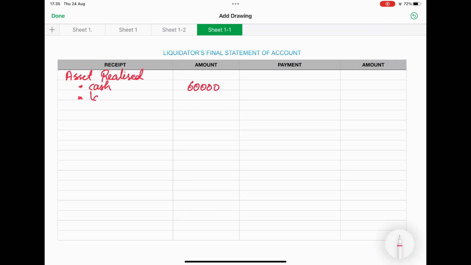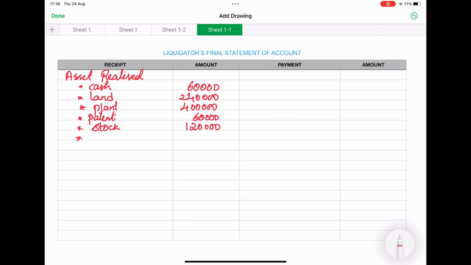Next, land 2,40,000. Make sure you all have the question, then only you will get to know. Plant and machinery 4 lakh. Next, patent 60,000. Next, stock 1,20,000.